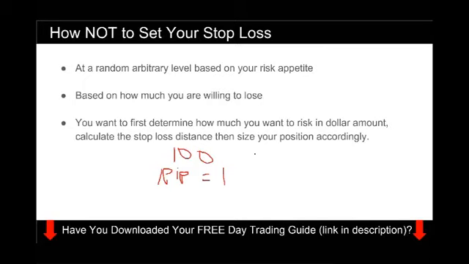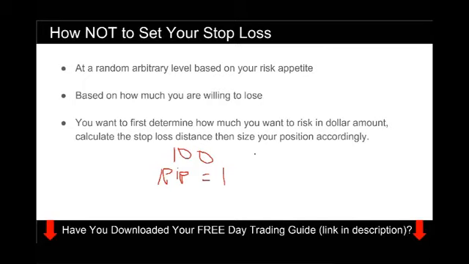Then you size your position accordingly. You can also go onto Google and type position size calculator. You can check that out and it will tell you how big a position you should trade given the amount that you want to risk, as well as the stop loss distance.